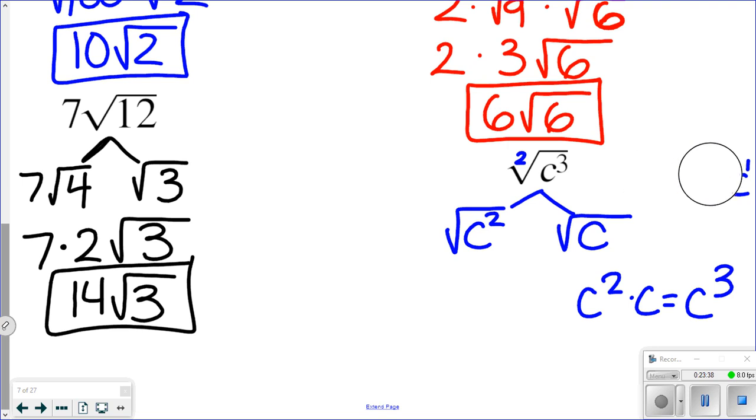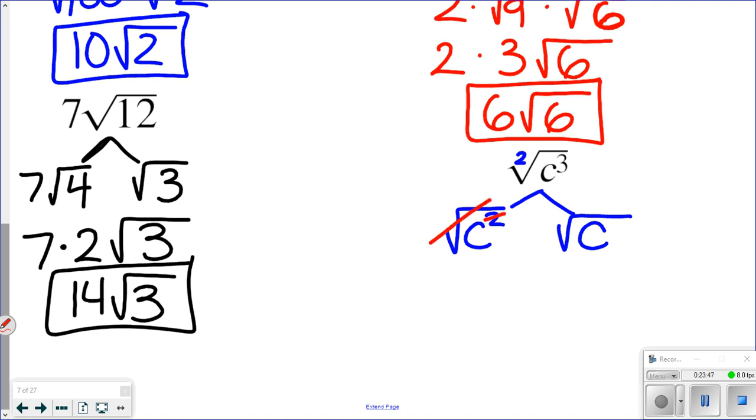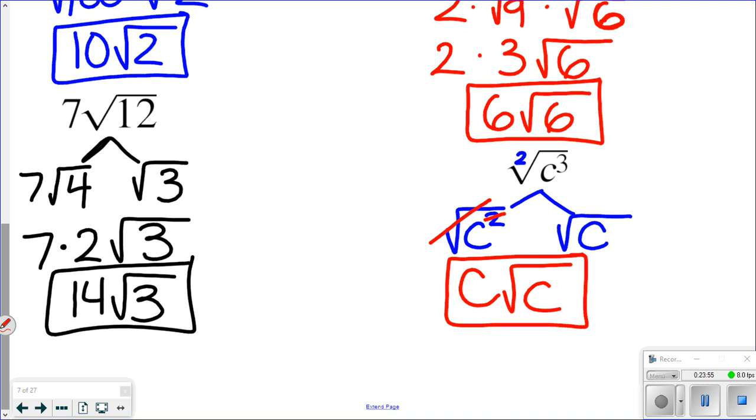Okay, now let's keep going. Remember from earlier that the squaring and the square root cancel each other out, and we're just left with c. And then leave the other c underneath your radical. So c square root c would be the final answer there.